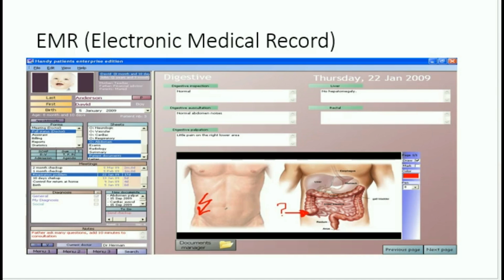Before that, when we used paper records, the advantage that I find was that you had everything right there, so you could just flip through and find what you wanted without having to go into the computer. And if there was no electricity or if there was any problem with the computer, you had it right there. That was one of the main advantages.